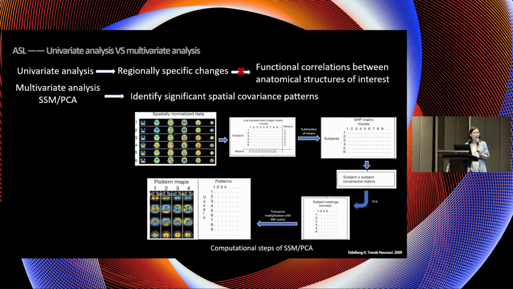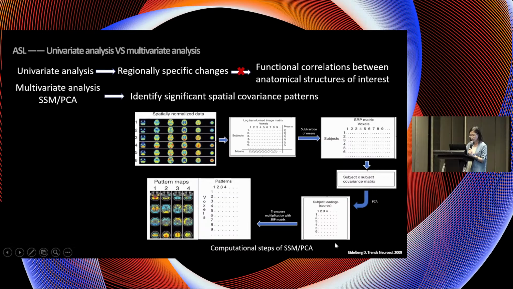It was early recognized that neurodegenerative processes, even if highly localized, are associated with disease-specific alterations in functional connectivity across the whole brain. So we use the scaled subprofile model to find patterns in brain function. This picture shows the computational steps of SSM-PCA.